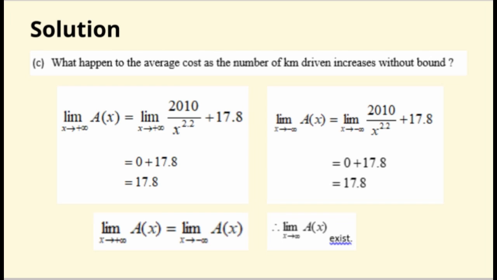The final answer is the same as the right-sided limit, that is 17.8. So, since the right-sided limit equals the left-sided limit, the limit as x approaches infinity of A of x exists.